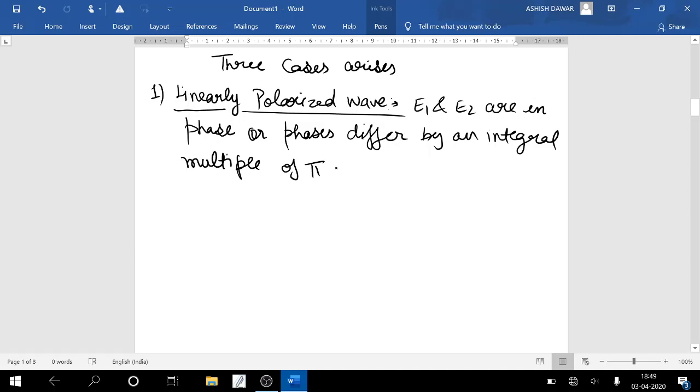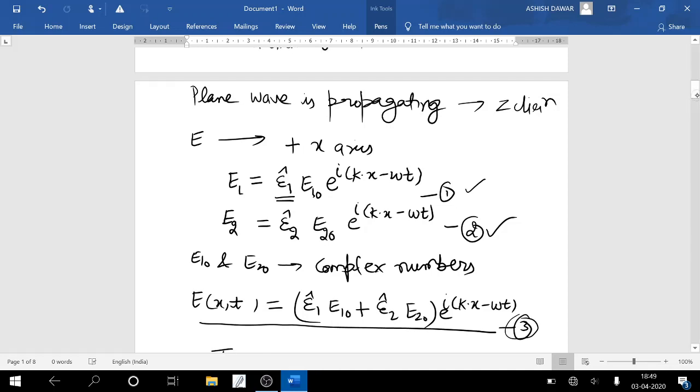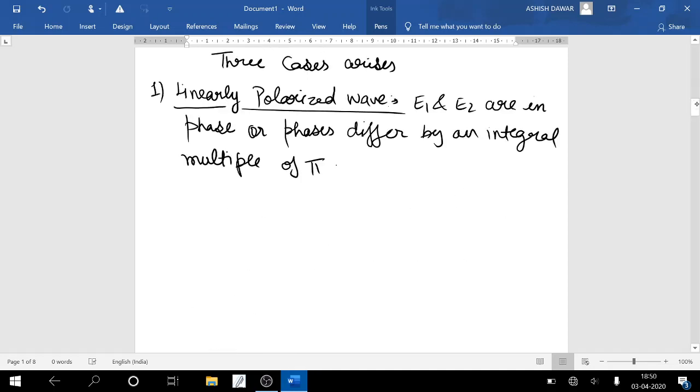So in this case, when the amplitudes are in phase, or their phases differ by an integral multiple of pi, then equation number 3 is said to be linearly polarized, with its polarization vector making an angle theta, where theta equals tan inverse of E20 upon E10.